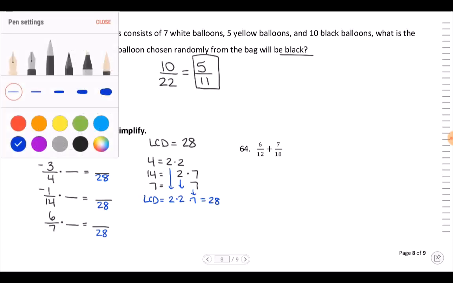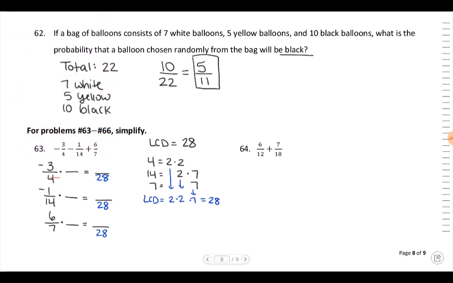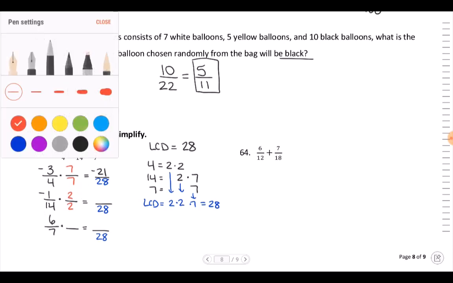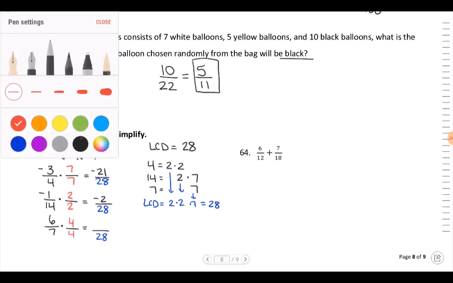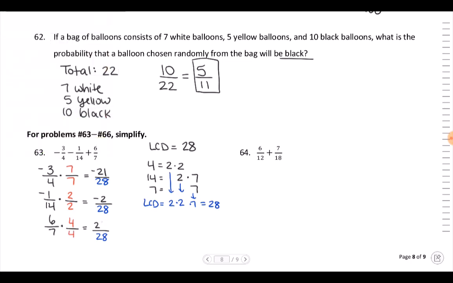All right, so let's multiply 4 times 7. So I'm going to get negative 21 there. And then 14 times 2 will give me the 28, so negative 2 on that one. And then 7 times 4, so 6 times 4 would give me the 24 on the top there. Once you have the same denominator for all your fractions, all you have to do is add up those top numbers.